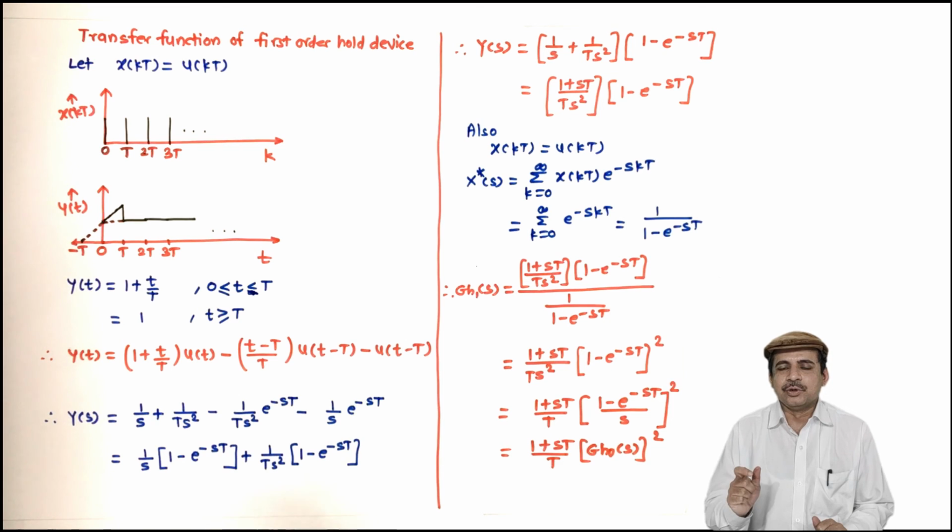The analysis tool for the digital control system is the Z transform. So in the next lecture, we will take a review of the Z transform, and in around 4 to 5 classes, we will see properties of the Z transform, then some numerical examples, the inverse Z transform, and its application to solve difference equations. It's enough for now. Let us meet in the next class.